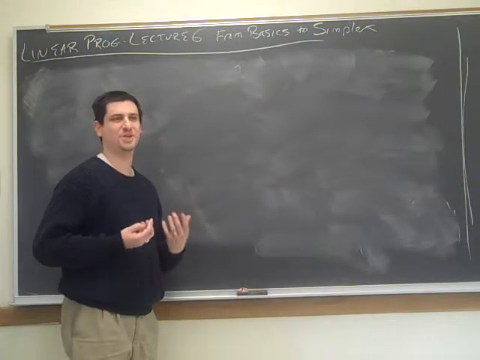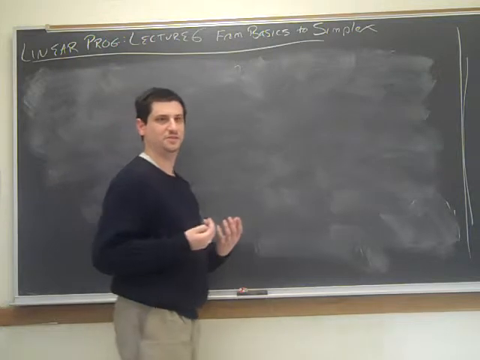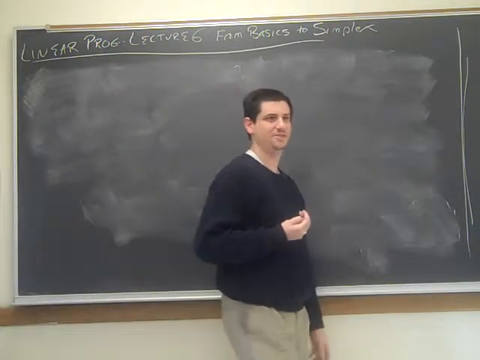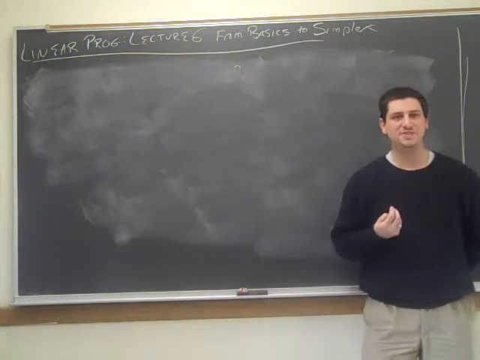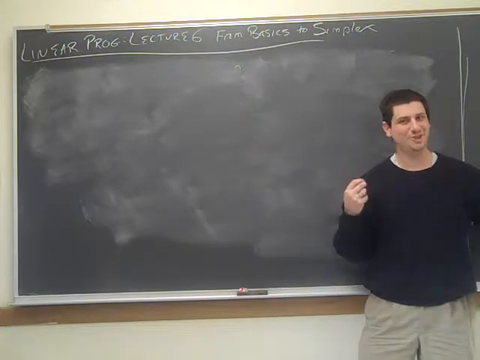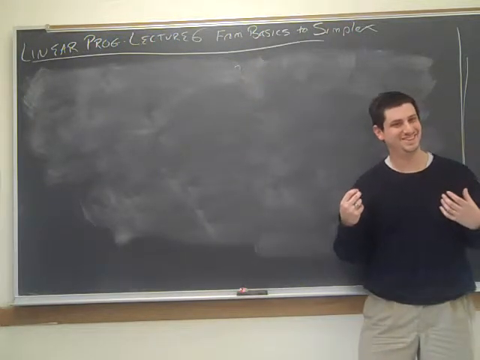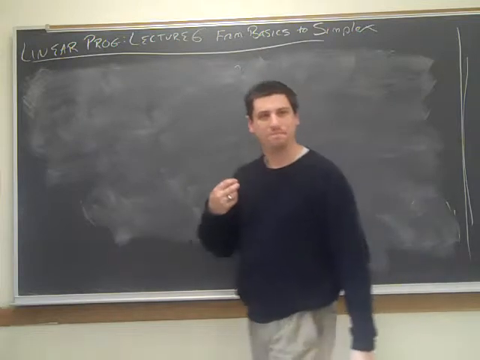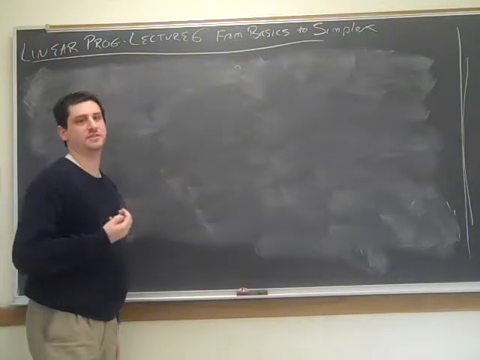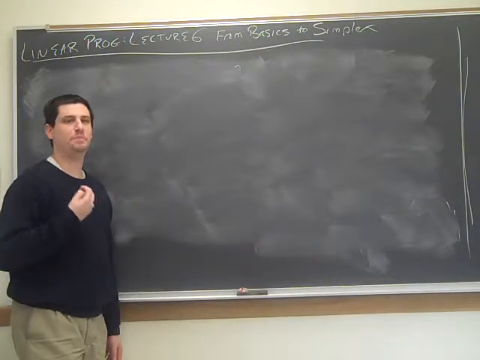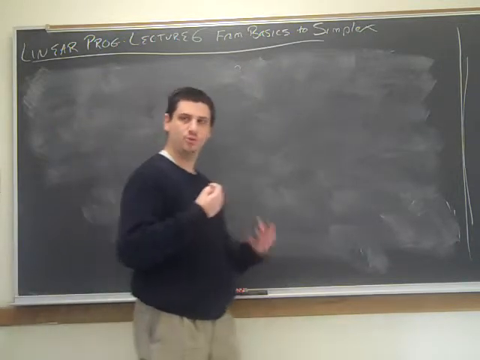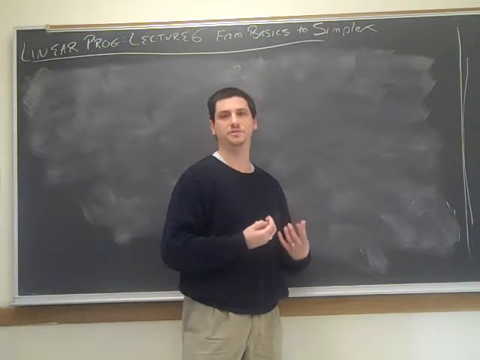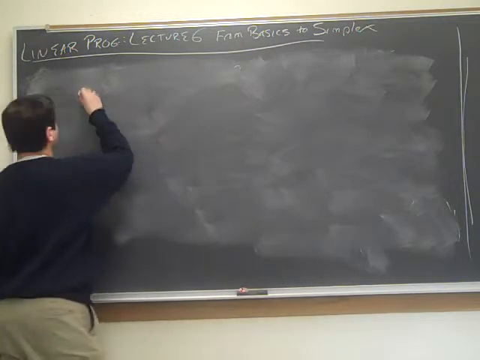One of two things should be coming to your mind. You should be fixated either on the word feasible or on the word basic, right? So, the key is the word basic. If I give you a basic feasible solution, the corresponding columns are linearly independent. So we have n columns.